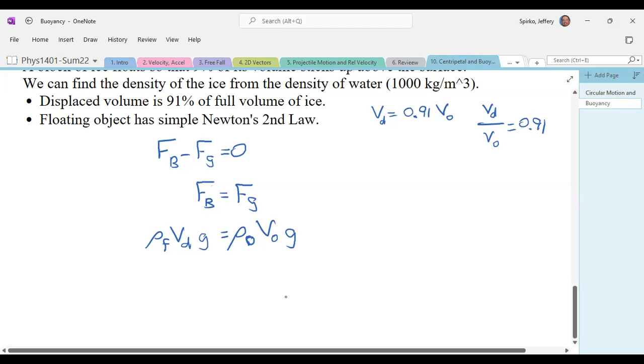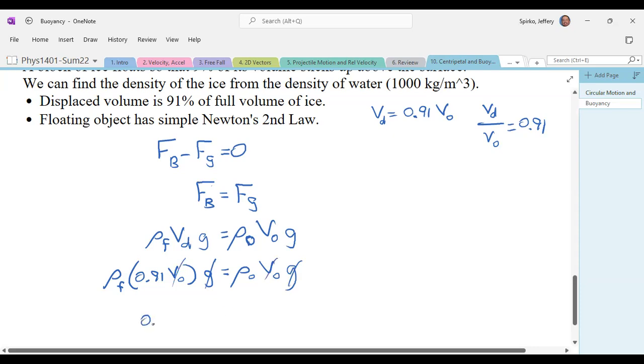Now there's a couple of ways I can go with this. I can do direct substitution right now. And I can say that rho fluid times 0.91 V object times G is equal to rho object V object G. Now I can do a bunch of canceling. I can cancel the G's and I can cancel the V objects.